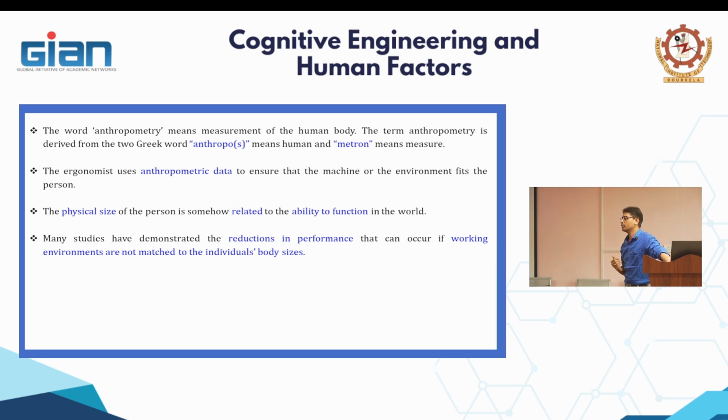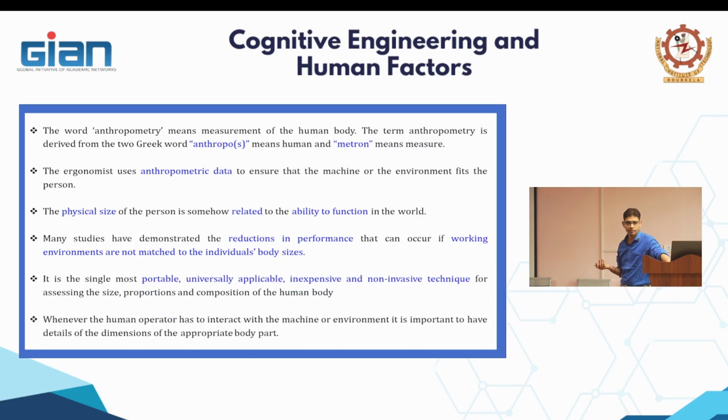Again, a mismatch. If there is a mismatch in the body dimensions, then the efficiency will decrease. Same way, you can take the example again: if it is at a convenient position, it can be performed easily. If it is away, then the person needs to stretch or put in some extra effort to carry out that particular activity.